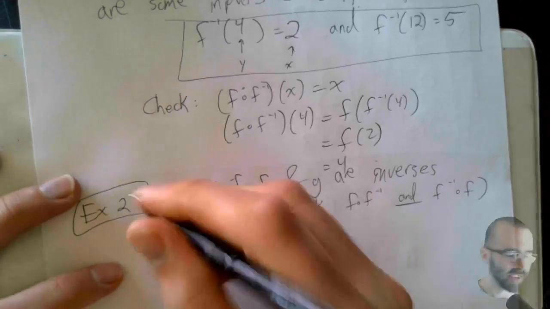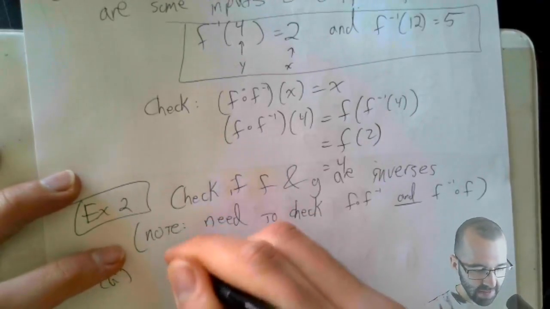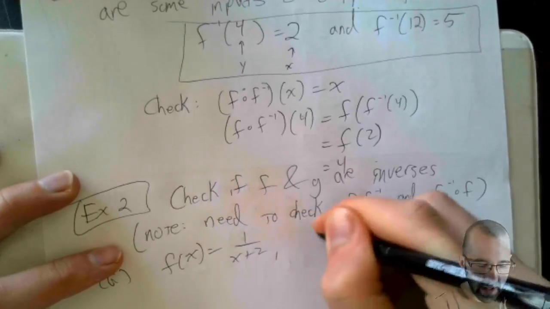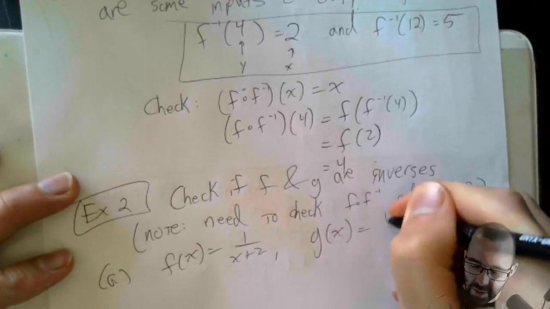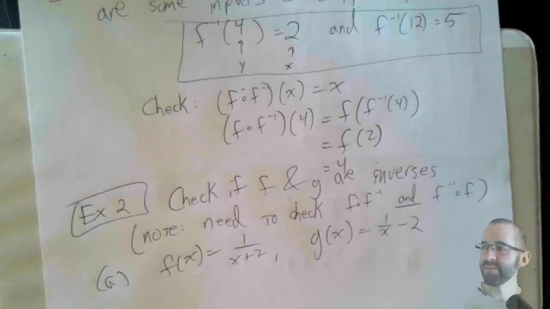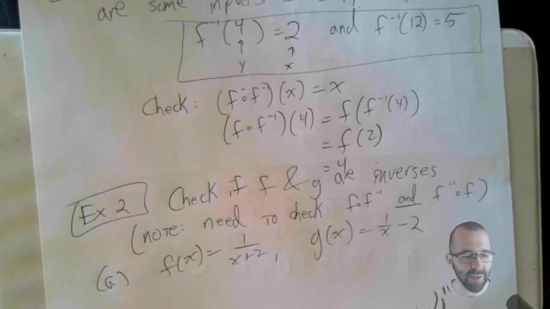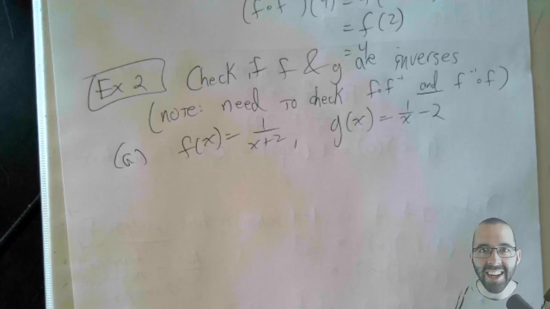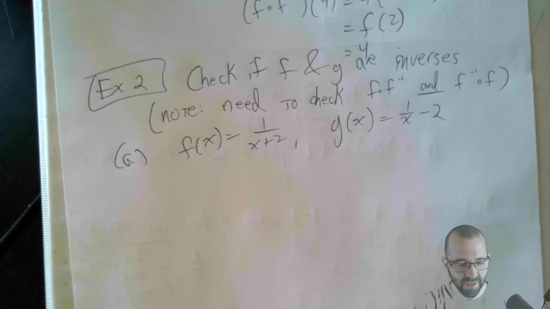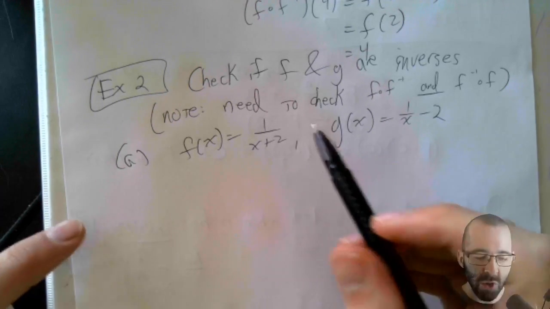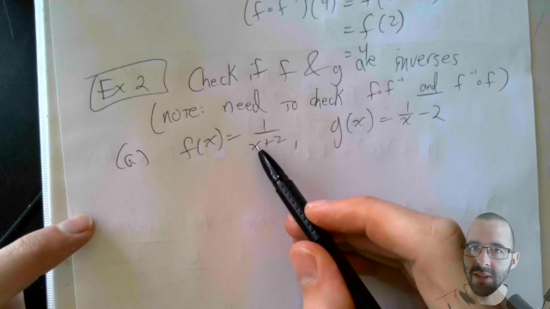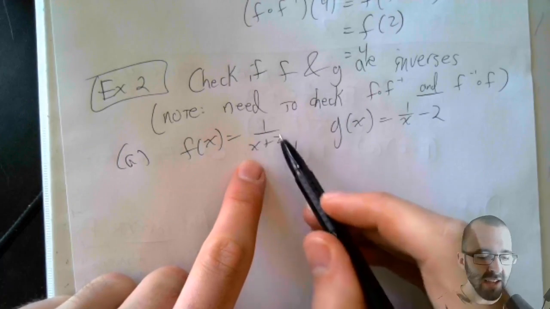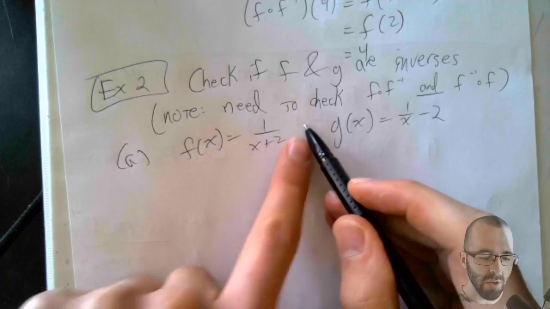All right. So let's do part A. f of x equals 1 over x plus 2, and g of x equals 1 over x minus 2. We can tie in a little bit of review here, a little function transformations. Remember, we have a toolkit function of 1 over x. We have a plus 2 on the inside of the fraction, right? It's not over here.